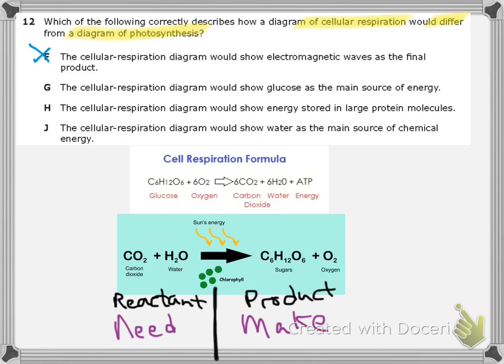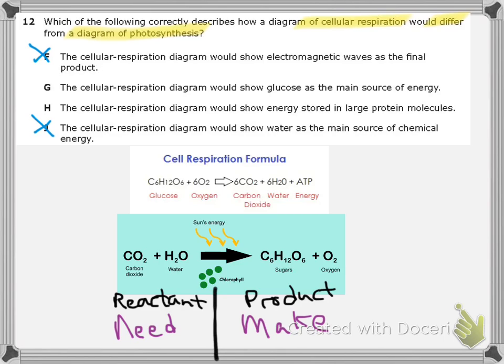Well, if we remember, the right side of the equation is the product, in other words, what is made, and the left side is the need. Actually, glucose, right here, that's the main source of energy, because we break glucose, and we use that energy to make ATP, right? So the water is not the main source of energy. So we can go ahead and eliminate J, as that is not the correct answer.